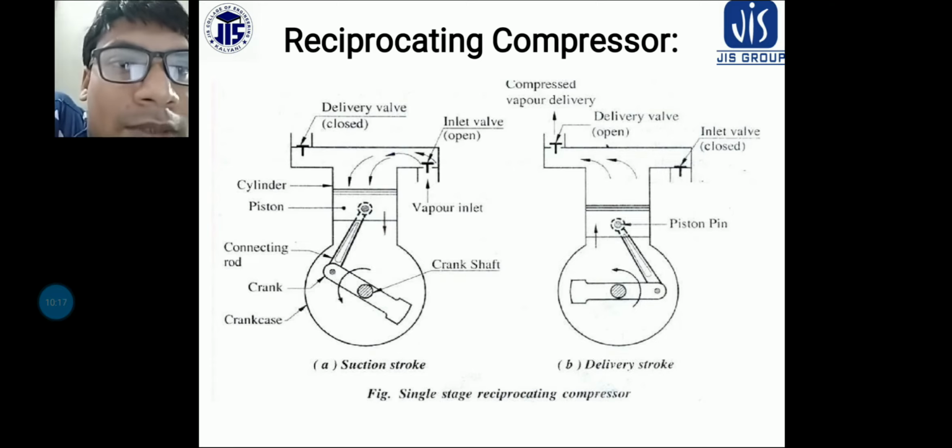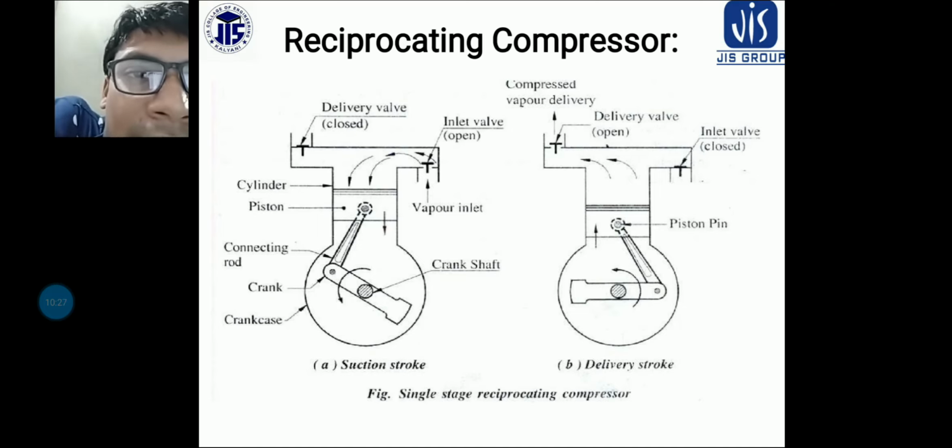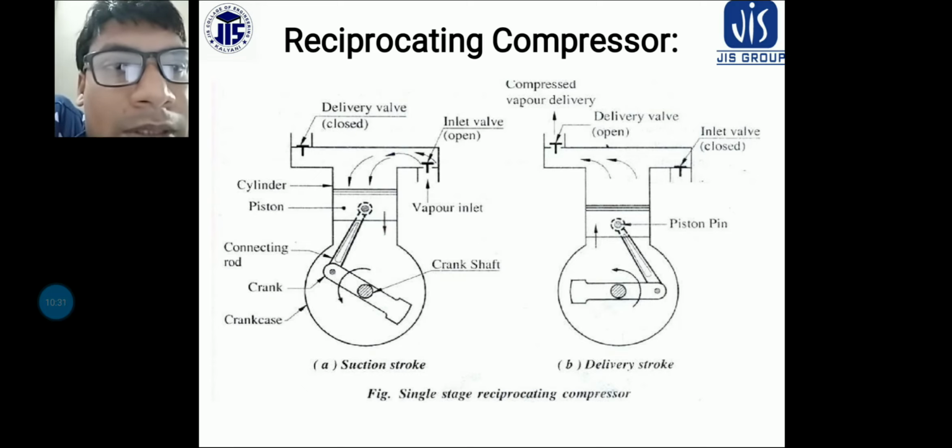and then the shaft is rotating, the crankshaft is rotating, the connecting rod is also moving, and the connecting rod is connected with the piston in the piston cylinder. And you can see the crankcase.